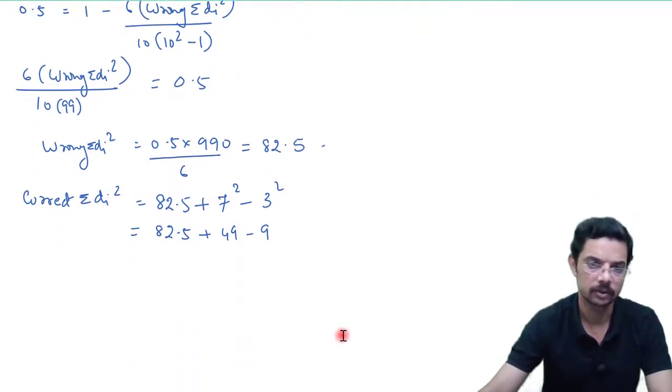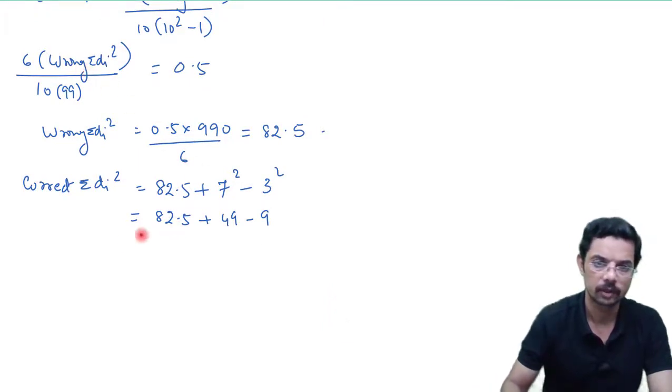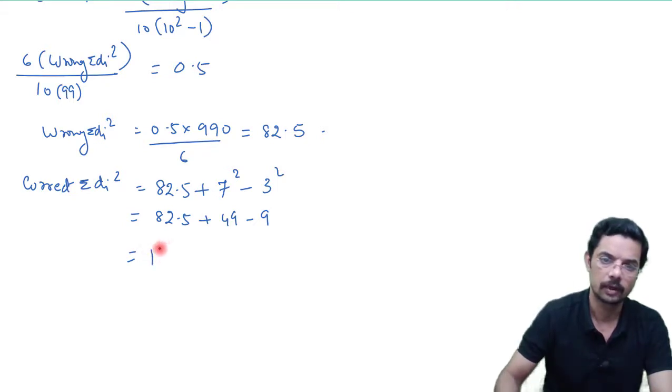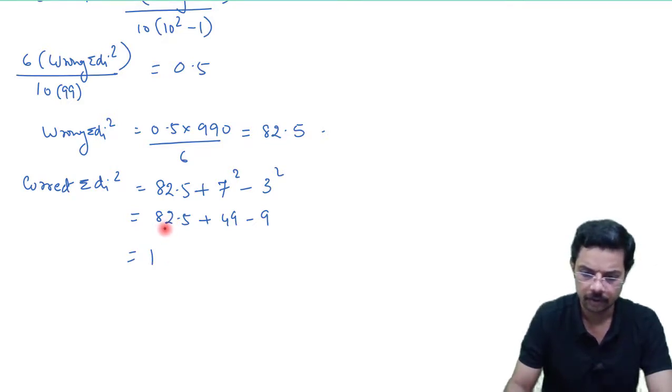So 82.5 plus 40. What is 82.5 plus 40? So 122.5. Yes, 122.5.